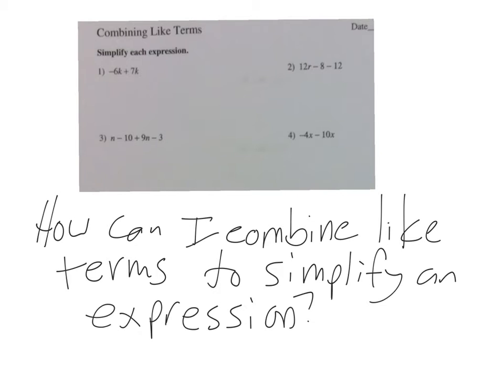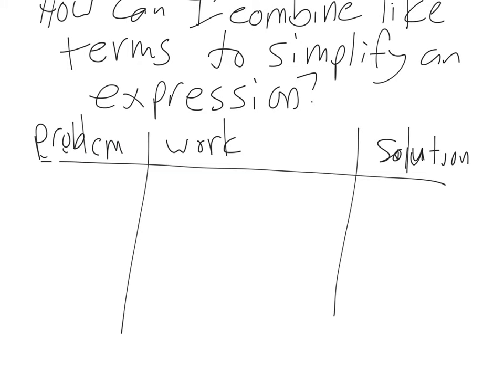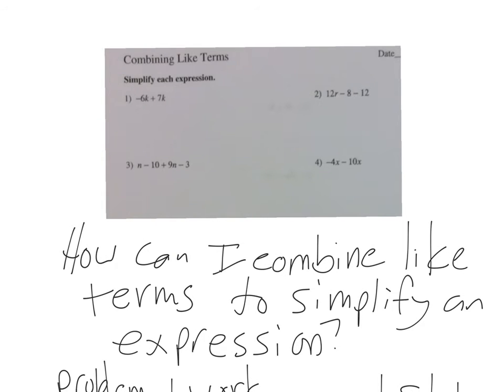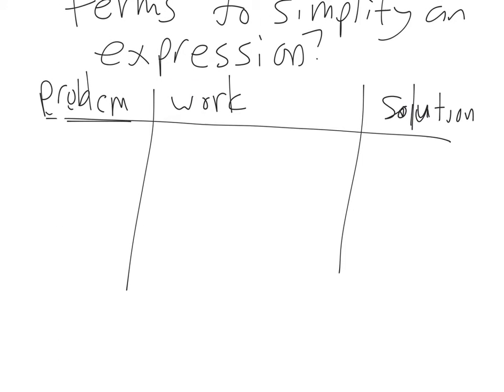I'm going to go over 4 basic examples and show you in a 3-column note-taking strategy how to solve these 4 problems. So you set up your notes with your problem, work, and solution sections. And you come back up and we're just going to look at number 1, negative 6k plus 7k. So what we want to do is combine like terms here.